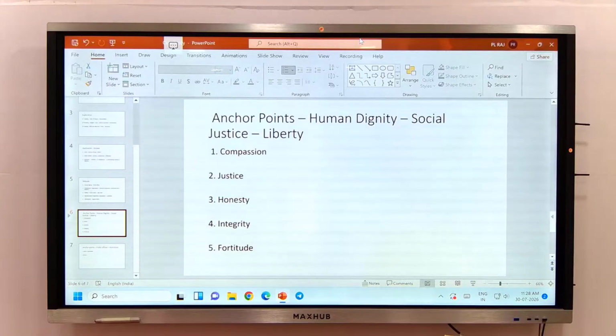So priority of the values. Priority of the values means life and liberty, then dignity, then categorical imperatives. It is not the question of life and liberty. It is the question of categorical imperatives of violating the universal values.